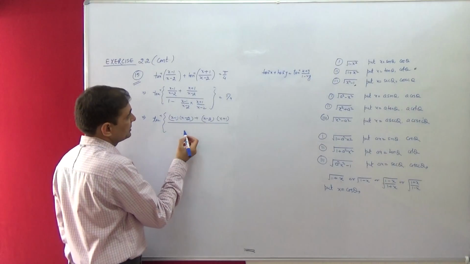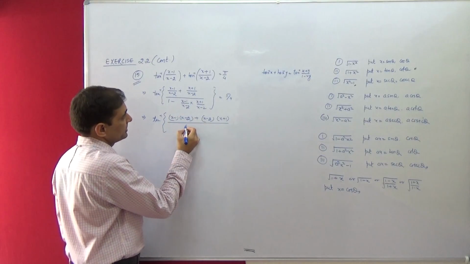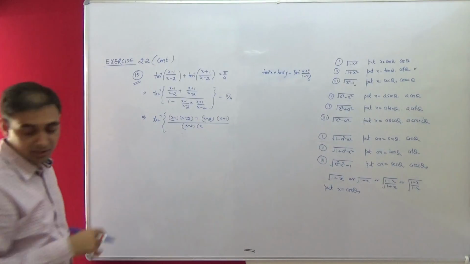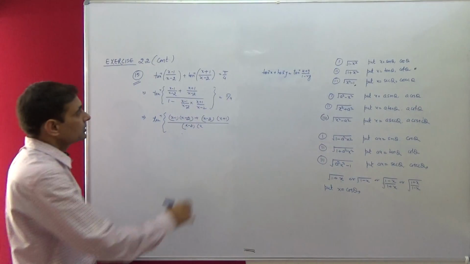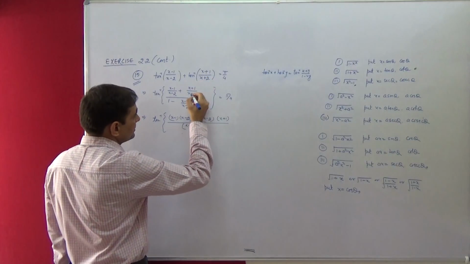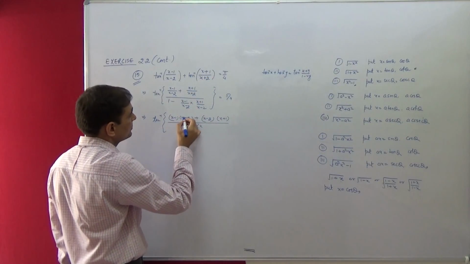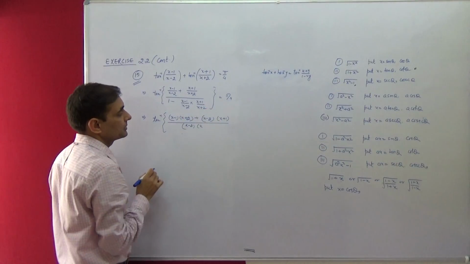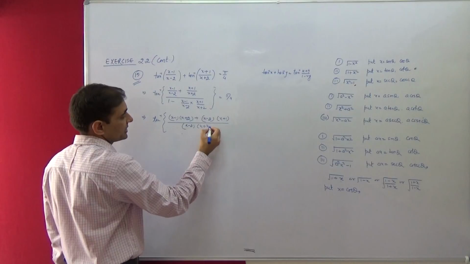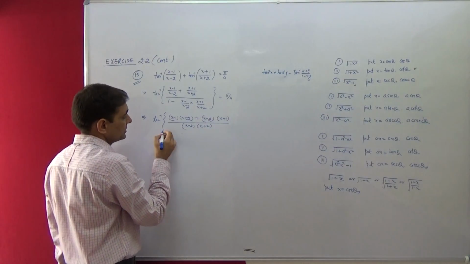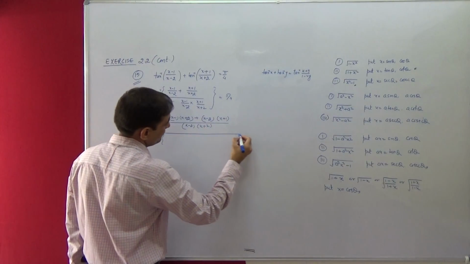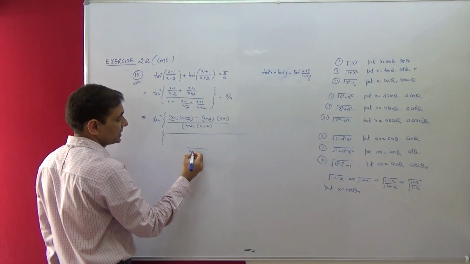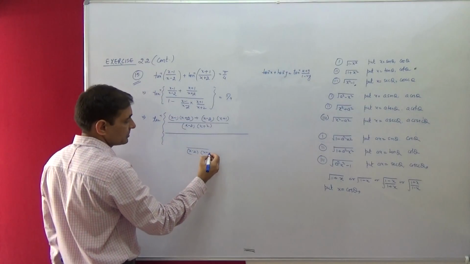here if you take the LCM, what will be the LCM, x minus 2, this is x plus 2 actually, so it will be x minus 2 into x plus 2. And LCM in denominator will be x minus 2 into x plus 2.